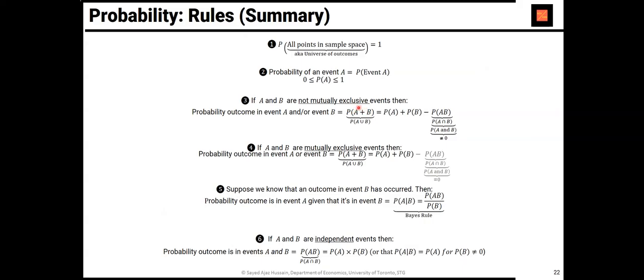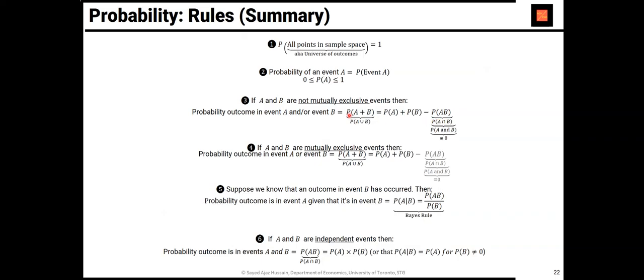And by definition, that's going to be equal to, and you see why, the chance in A plus the chances in B. But by doing this, you've counted outcomes in A and B twice. So you have to subtract off outcomes in A and B. And that's my notation for the probability of something in A and B. Most textbooks use this notation, A upside down cup, right?